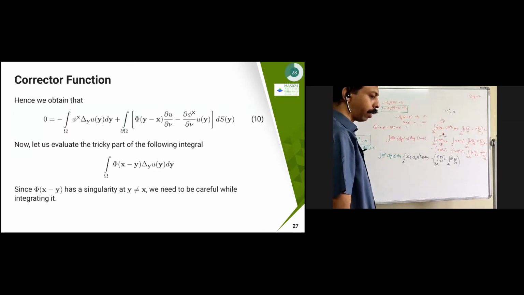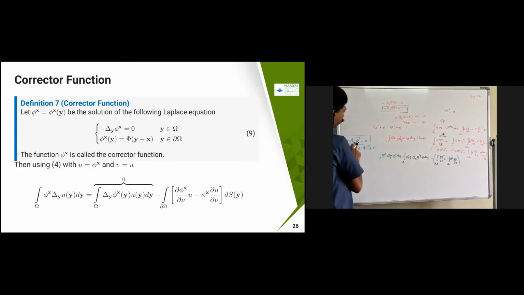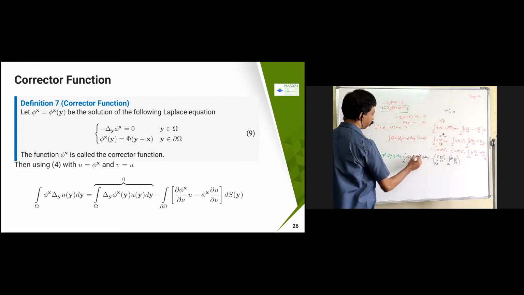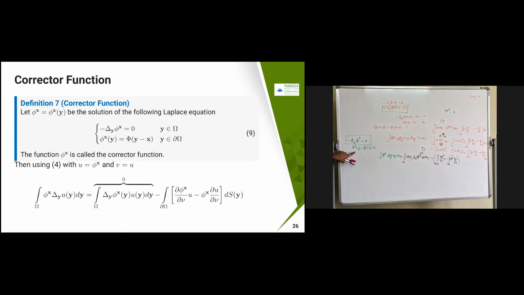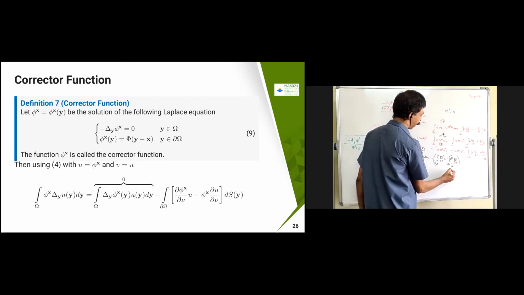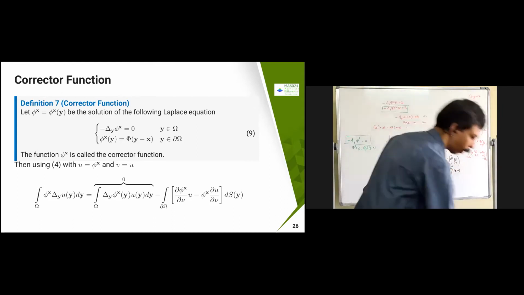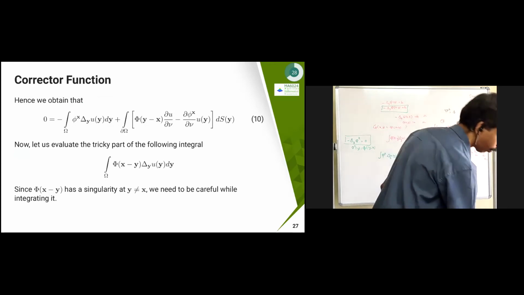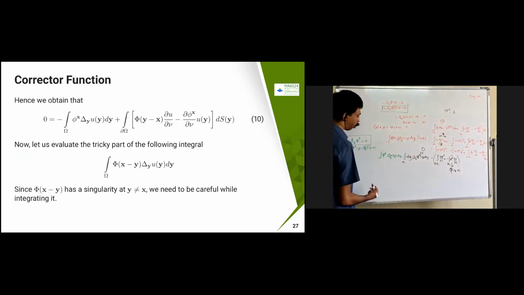So in that case, I'm just going to use these properties again. What we have, del y pi x is 0, therefore this is going to become 0, and pi x y is nothing but pi of y minus x, so this is going to become pi of y minus x. So that's what we have here in the next slide. I'm just going to bring this over here.